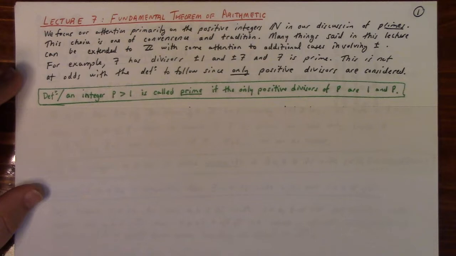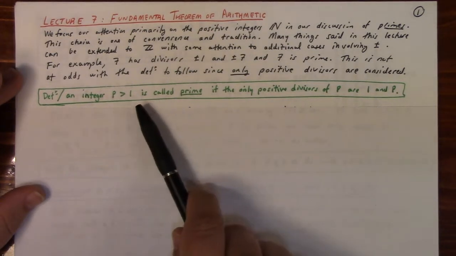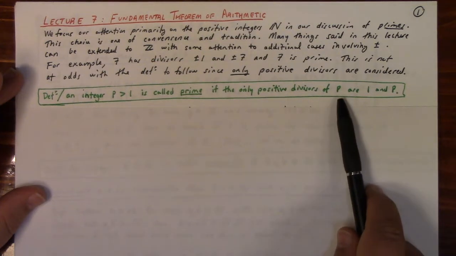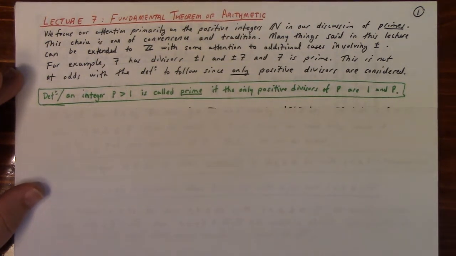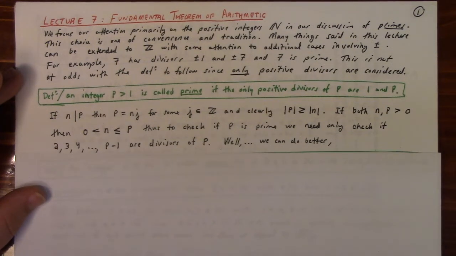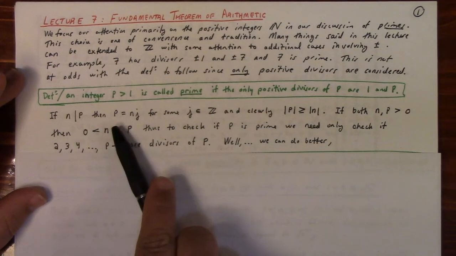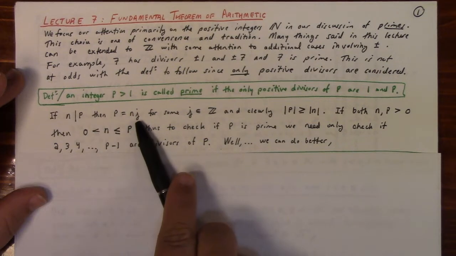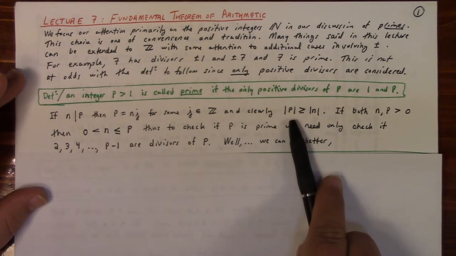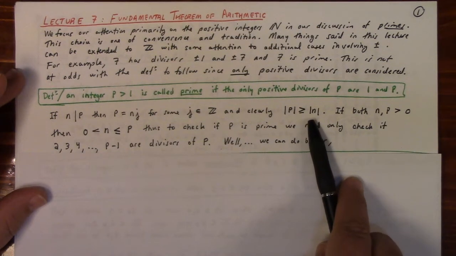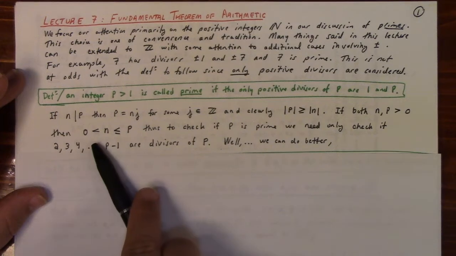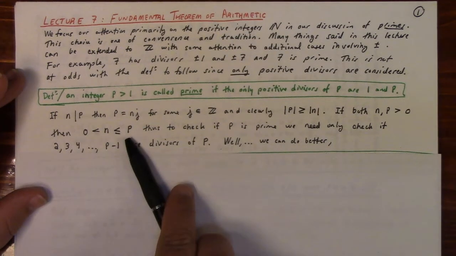Okay, anyway, a prime is a positive integer larger than 1 whose only divisors are itself and 1. Notice that if n divides p, that means p is a multiple of n, and since both n and p are positive, we have 0 < n ≤ p.